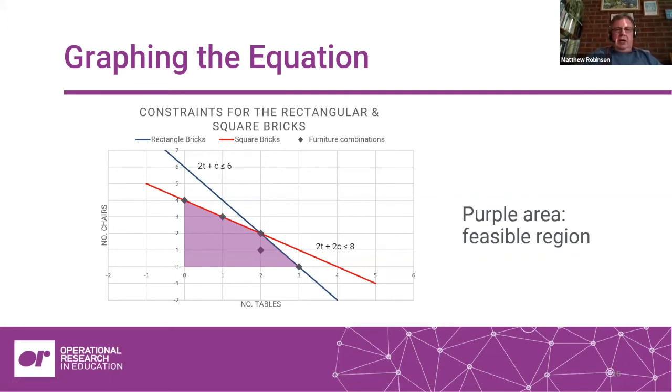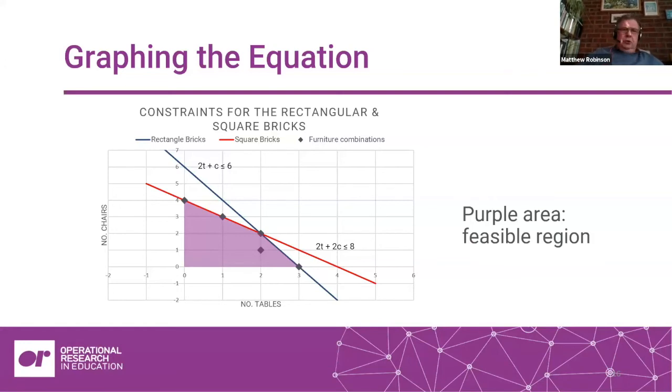And each of the diamonds which are on there are potentially showing solutions, so combinations that could be made. And you may well be thinking, well, how do we work out the optimal solution? What you want to work out is where is the most extreme one. So remember, when we did this as a building exercise, we had 2 tables and 2 chairs as the optimal solution. And so you can see this on the graph.